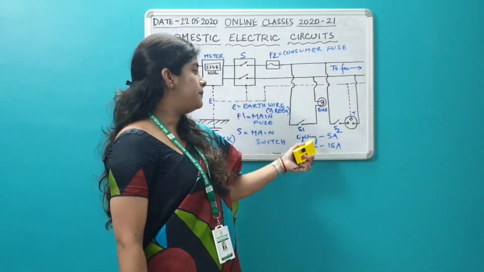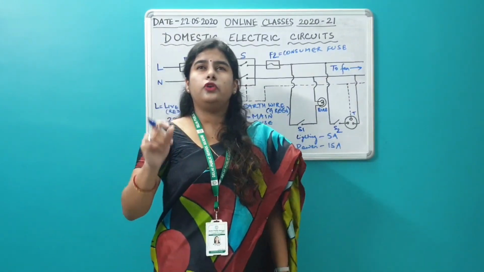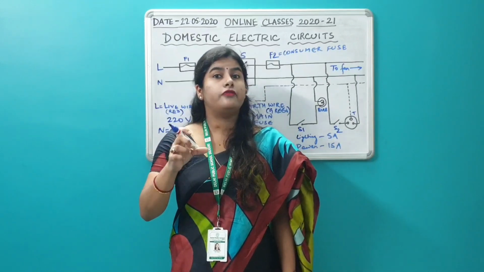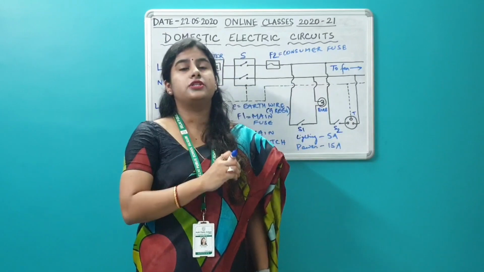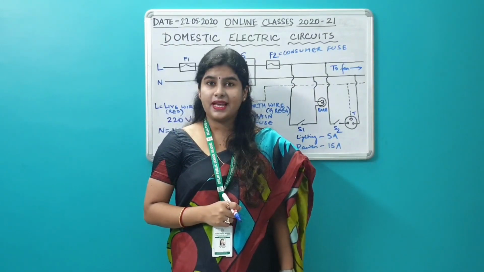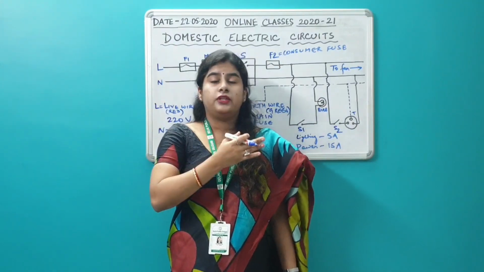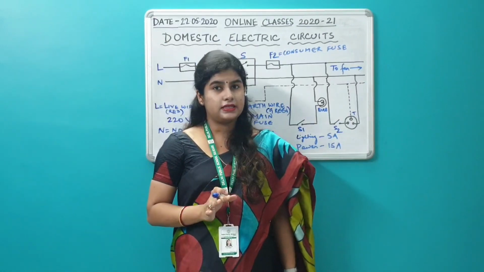So what is the purpose of this? Lighting circuits are those circuits where appliances which consume less electricity are connected, having a fuse of 5 ampere. For example, the bulbs, the tube lights, fans, then you have the radio, TV, all these things are connected with the lighting circuit.